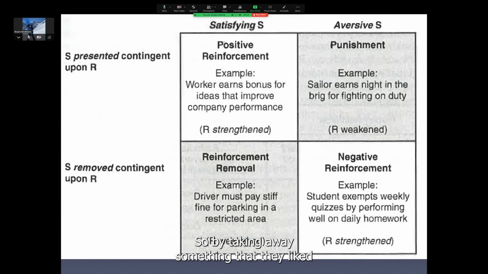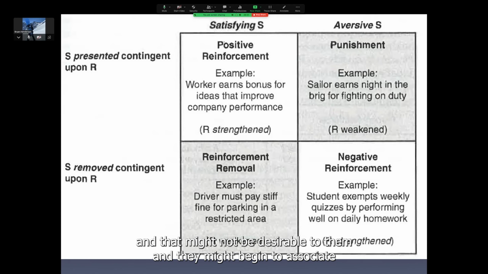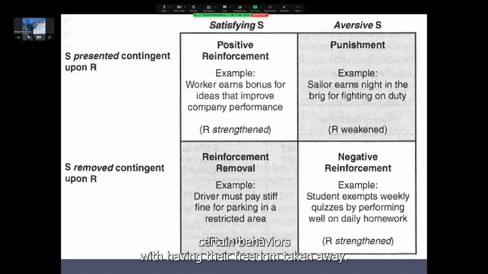By taking away something that they liked, that's not desirable for them. So they begin to associate, okay, if I do a certain behavior, this thing that I like is going to be taken away from me. An example of that might be if you have a child and they are misbehaving, having them take time out. In a way, what you're doing is you're taking away their freedom. And that might not be desirable to them, and they might begin to associate certain behaviors with having their freedom taken away.